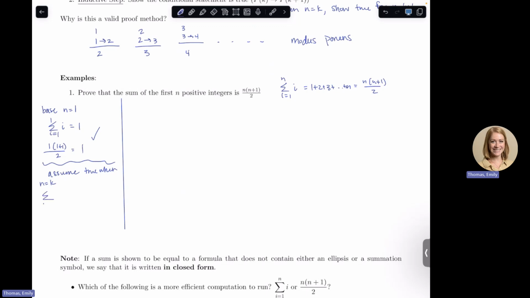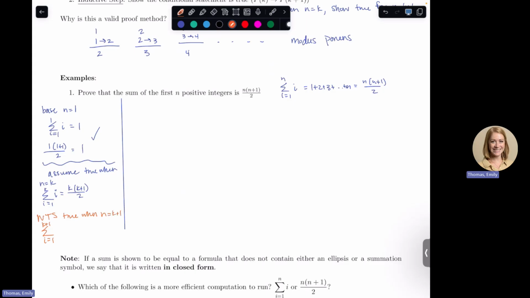Okay, so we're going to assume the summation from i equals 1 to k of i is equal to k times k plus 1 over 2. We want to show that it's true for n equals k plus 1.